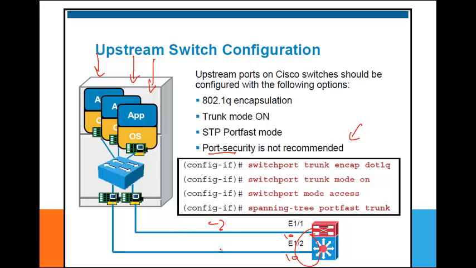No, sometimes it will give 11 MAC addresses for 10 VMs. How? One MAC address identifies the vSwitch. Now what will happen? The port will go to error disabled state, maybe it will shut down. By default it will shut down if one extra MAC address comes. So to avoid this confusion, it's not recommended to have port security enabled on these physical uplink ports.